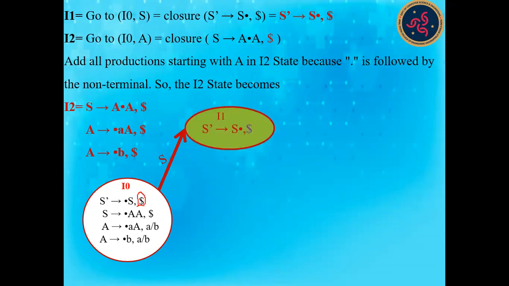So here the new state is I1, S prime gives S dot. Since S is scanned, the dot symbol is moved forward, and we have the look ahead symbol dollar, which is the same as in I0. Okay, so during a state transition, the look ahead symbols won't change.